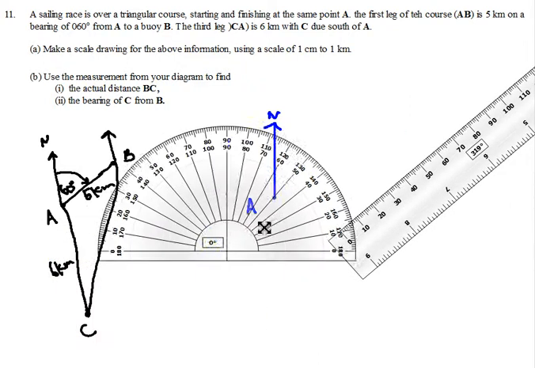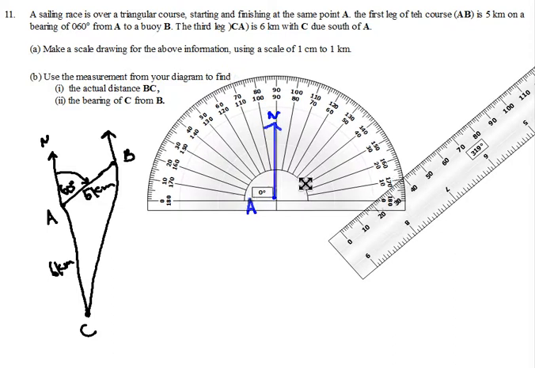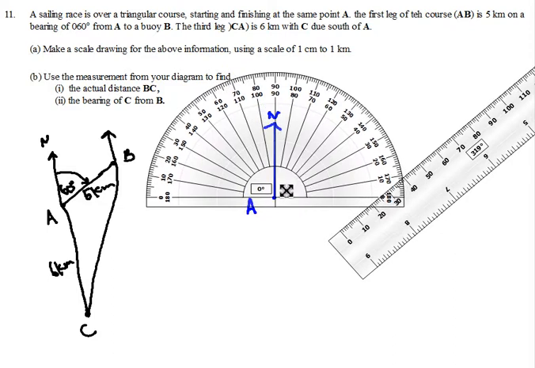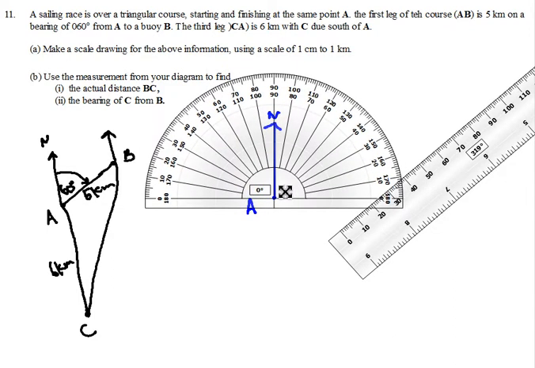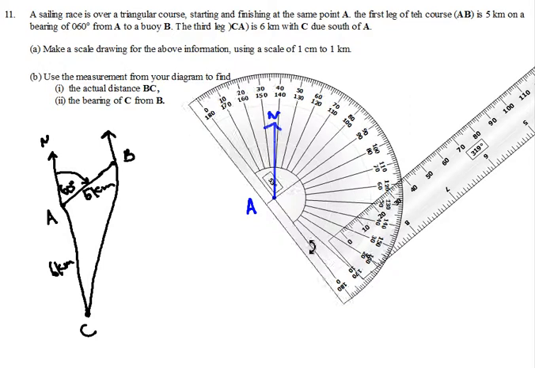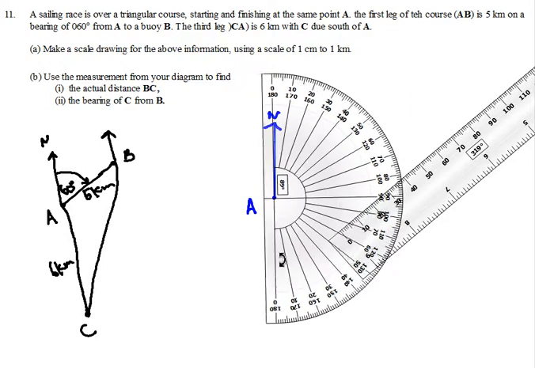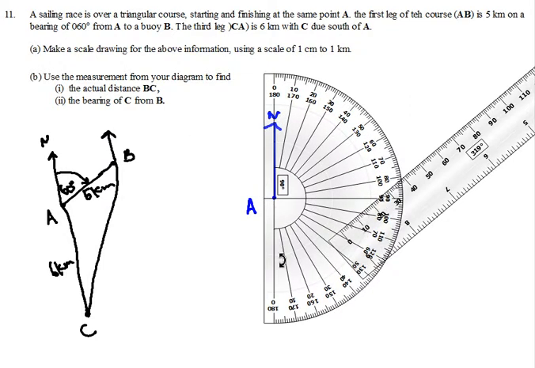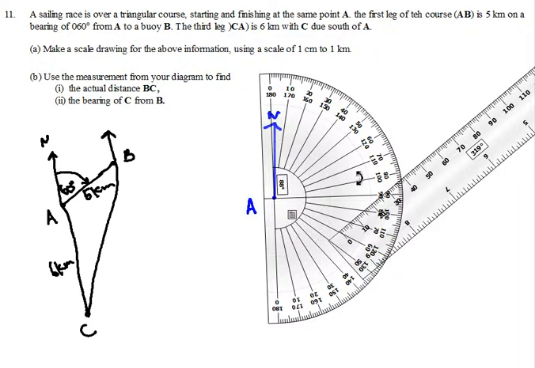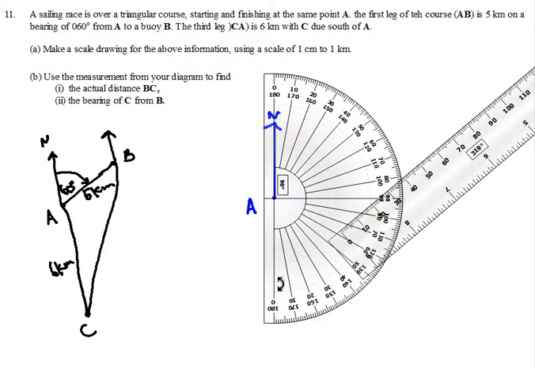Now let us use the protractor to get the line leading to B. B is on a bearing of 60 degrees from A. So you center the protractor at A, and you're going to measure 60 degrees coming around clockwise from the north line, because remember, a bearing must be taken in a clockwise direction.